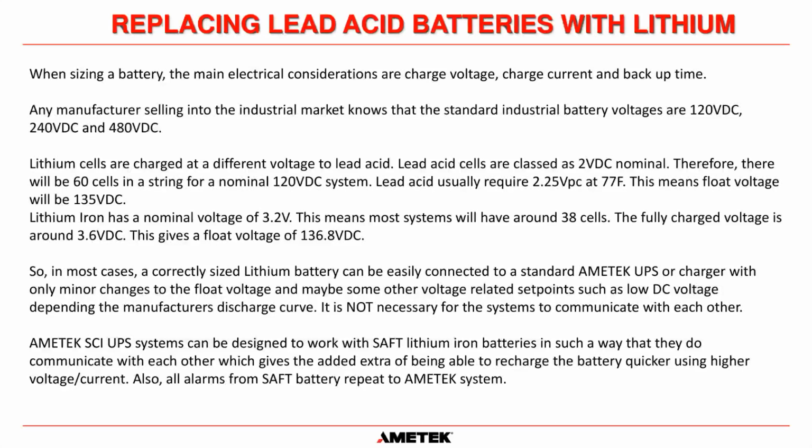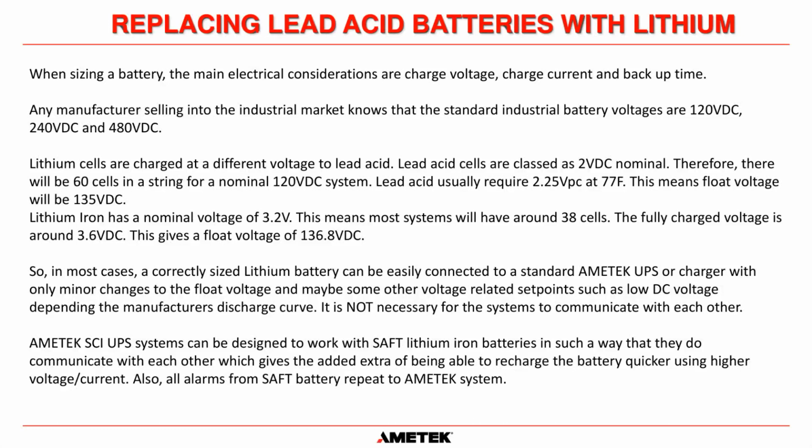But for a lithium iron, not a lithium ion, because that encompasses many different ones, for a lithium iron cell, it has a nominal voltage of 3.2 volts per cell, which means most systems will have around 38 cells inside the system. The fully charged voltage of a lithium ion cell is 3.6 volts DC.